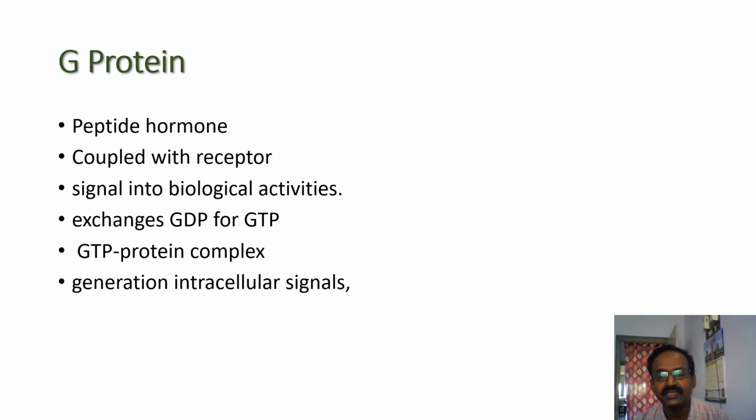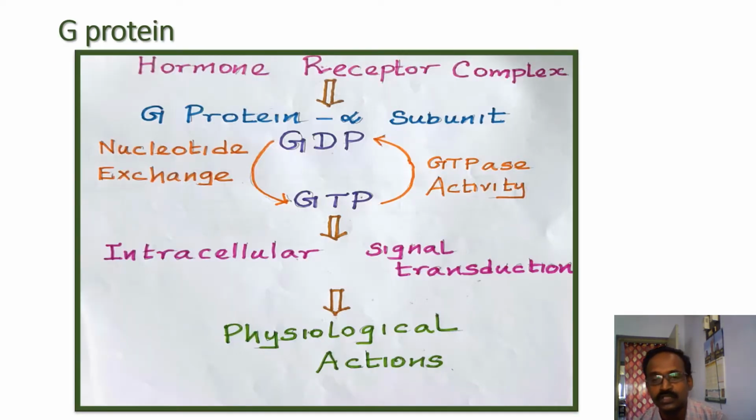G protein has intrinsic GTPase activity. After the hormone functions are over, the G protein is recycled for the next hormone action. This flow chart explains the action of G protein.